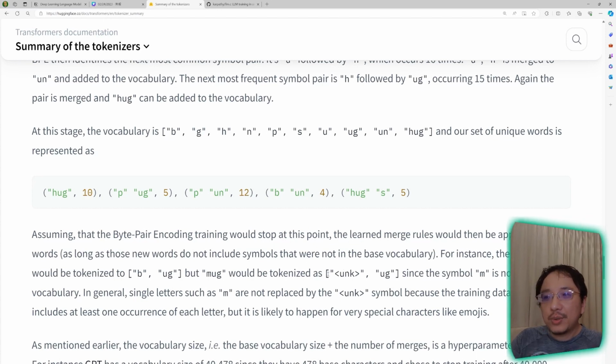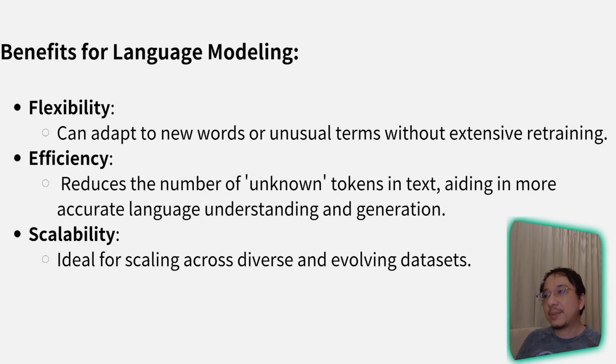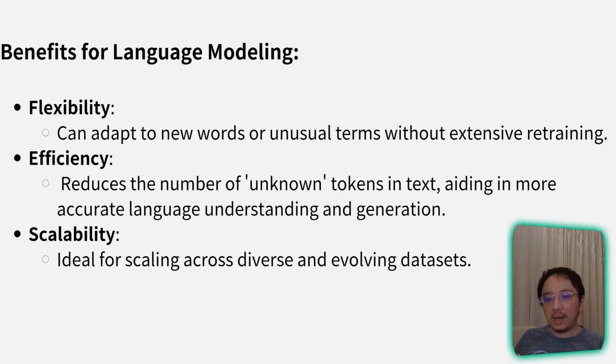So we don't have to use the unknown token at all. As a conclusion, there are many benefits of using BPE against word level encoding. One is flexibility, because the encoding can be adapted to new testing text that contains new words, and also because we don't use the unknown token.